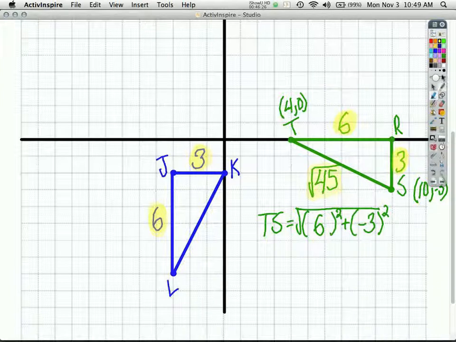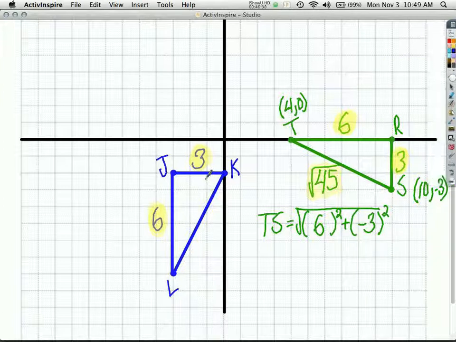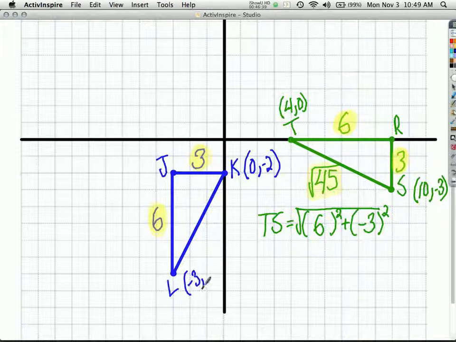So let's try over here, KL. K is 0, -2, and L is -3, -8. So let's see what we get for KL.